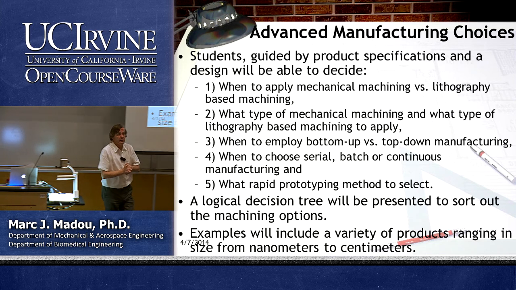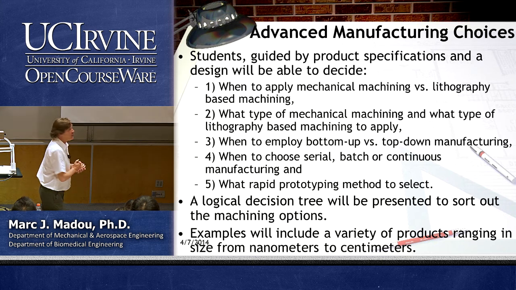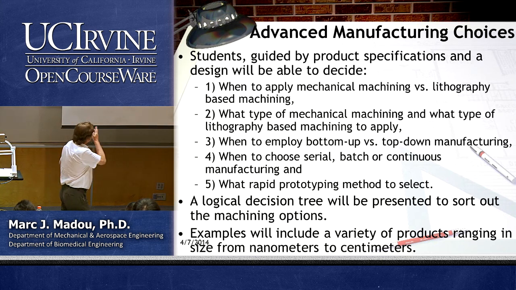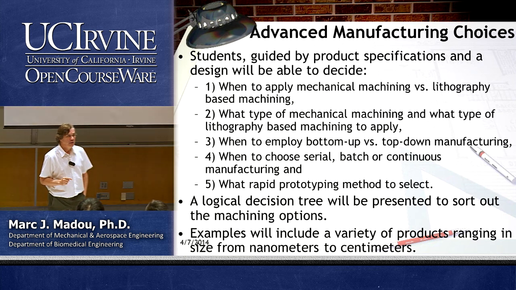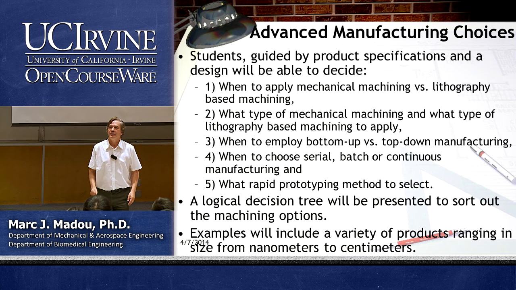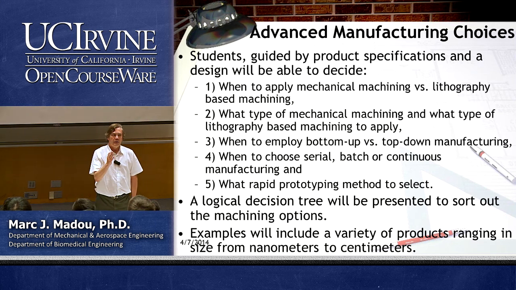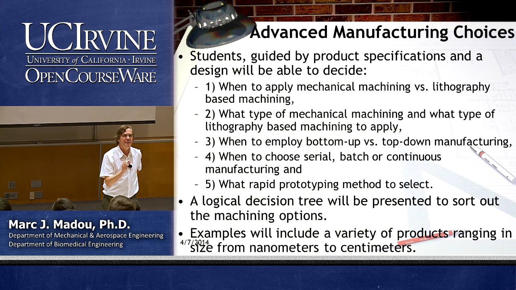So these are the kind of things I expect you people to be able to do after you go through this set of classes. You will be able to decide when to apply mechanical machining versus lithography. I already gave you a little bit of a hint on that. Remember I said 100 microns is about the cutoff. You know, if you have an object that's 15 microns, 2 microns, pretty much forget about mechanical machining.